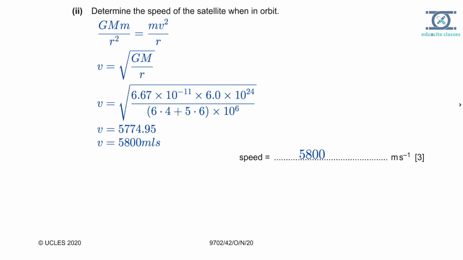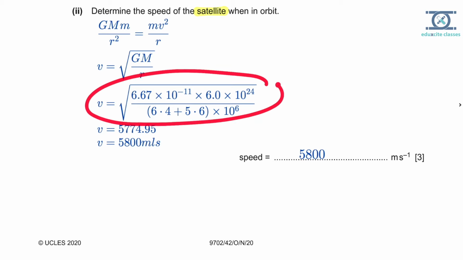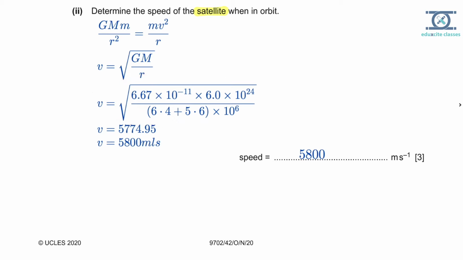Just putting in the values, because we are calculating for the satellite, we will take the distance of the satellite from the center. So this is 6.4, this is 5.6. Putting in all the values, you will get 5800 meter per second, rounding off to two significant figures.